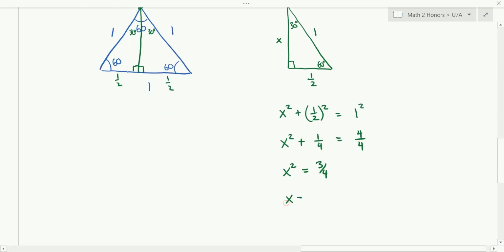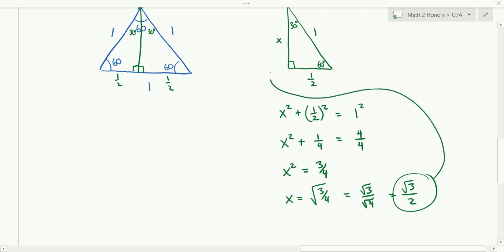So x is going to be the square root of 3/4, which is the same thing as the square root of 3 over the square root of 4, which is what? Square root of 3 over 2. Okay. A little easier to get rid of this square root in the denominator because we know the square root of 4. So we found our third side length.